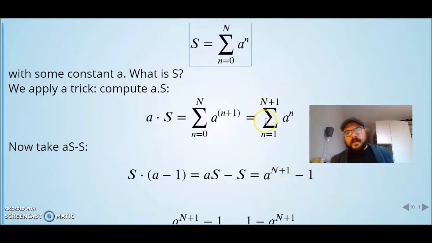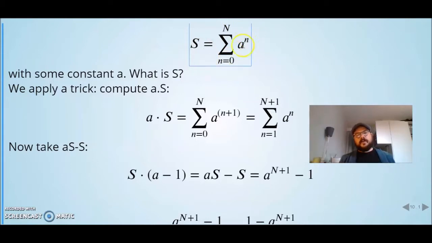So if we expand the sum, we will see that all the elements will cancel, because we're taking one minus the other and they will be equal, except for the last element of this sum, which is a to the power of n when n is equal to N plus 1, and here we will have when n is equal to 0.